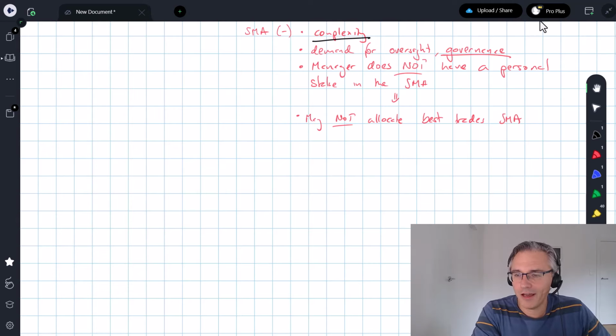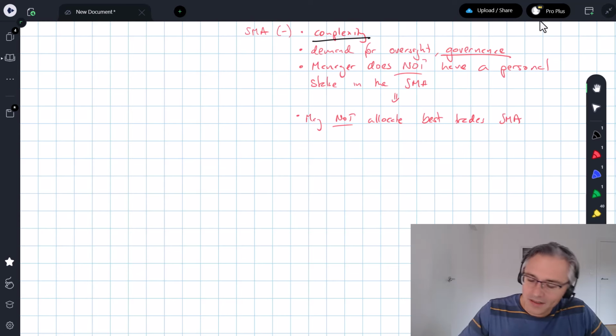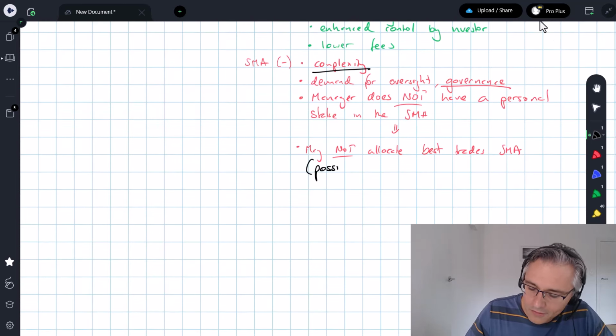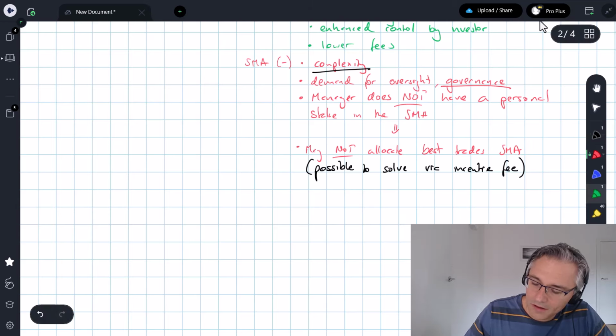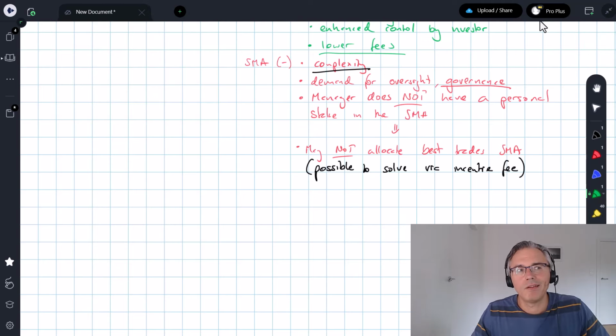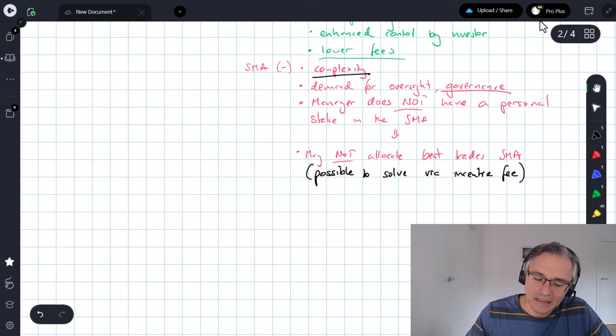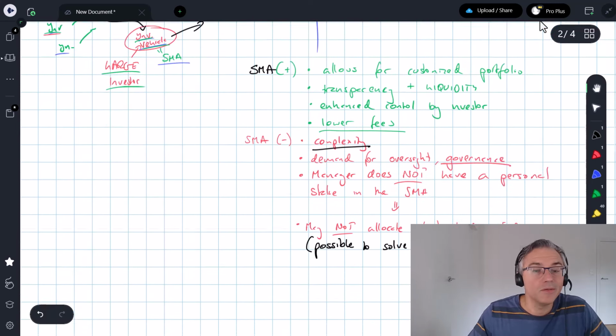And let me just say that this is possible, and your book does mention it. It's possible to try to solve this problem via an incentive fee. But once you start paying the manager an incentive here, the argument of lower fees becomes less of an argument, because you start paying fees just like all the other people.